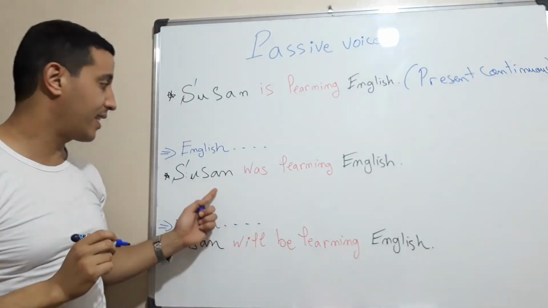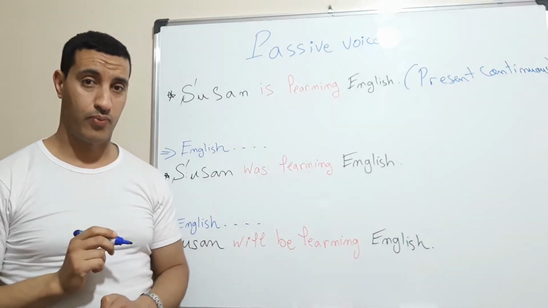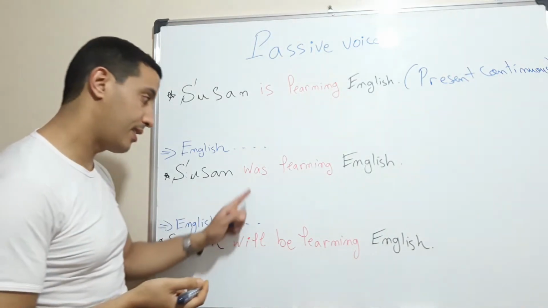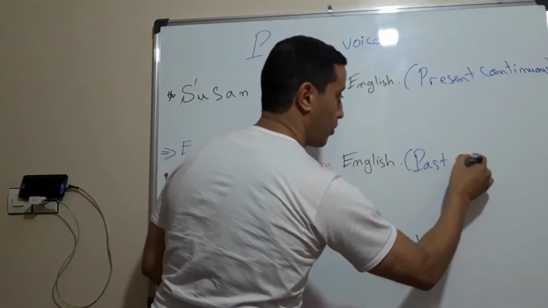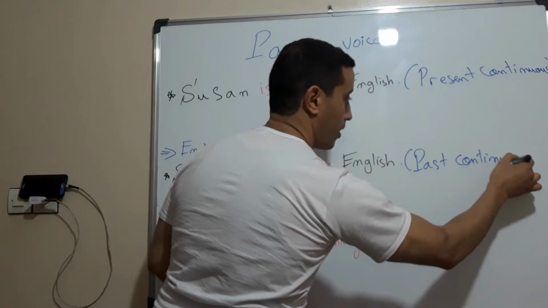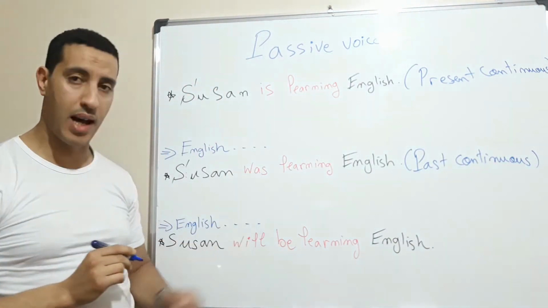Alright, and in the second example, Susan was learning English. What's this? It is the past. Good. So we call it past continuous. In the past continuous form, we have the verb to be in the past.